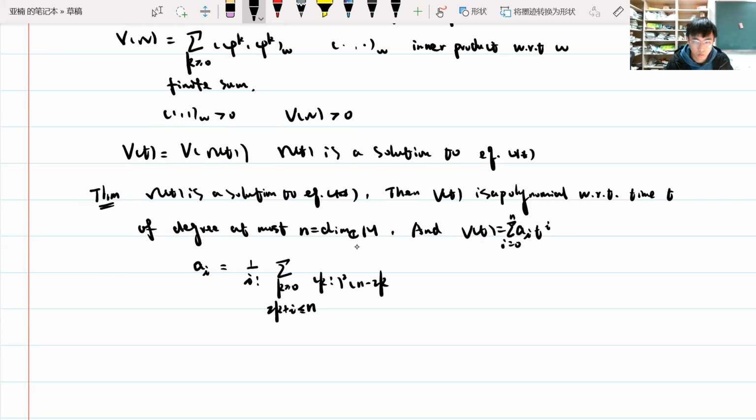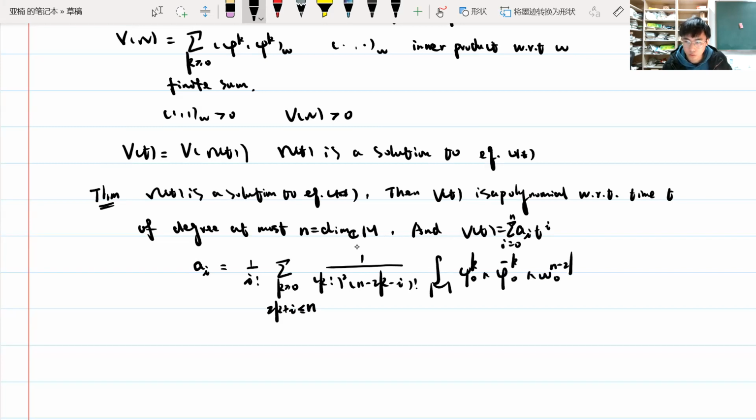Minus 2k minus i. The integral only depends on the initial condition and the first Chern class of the manifold.